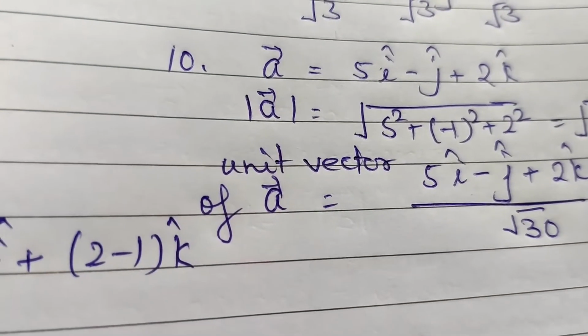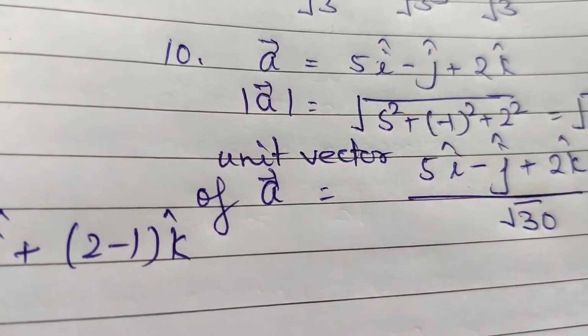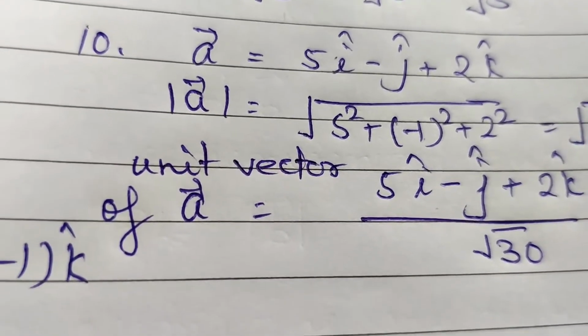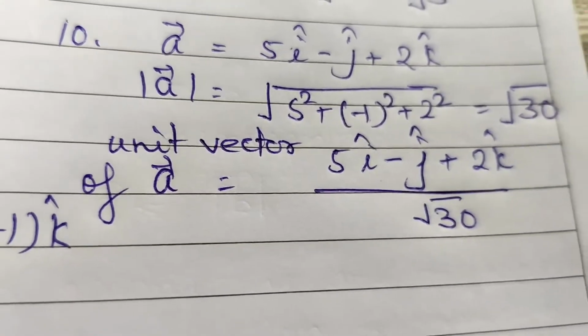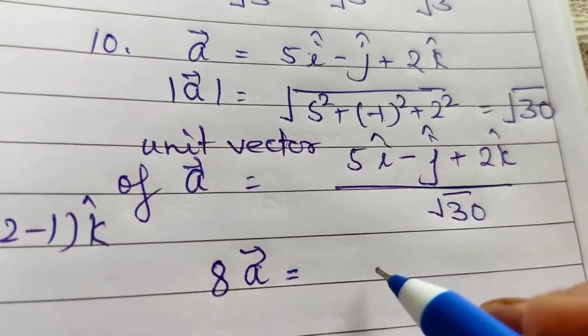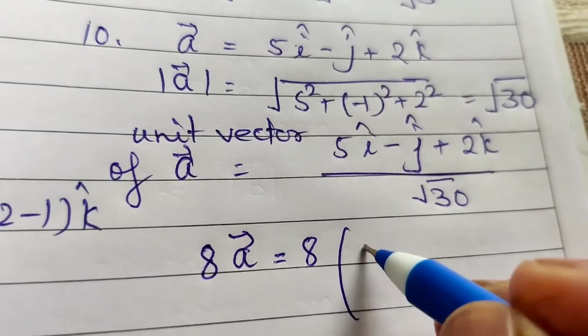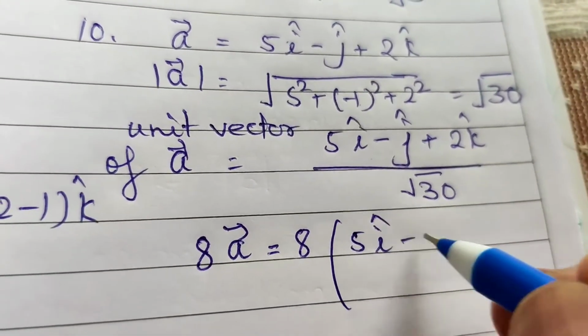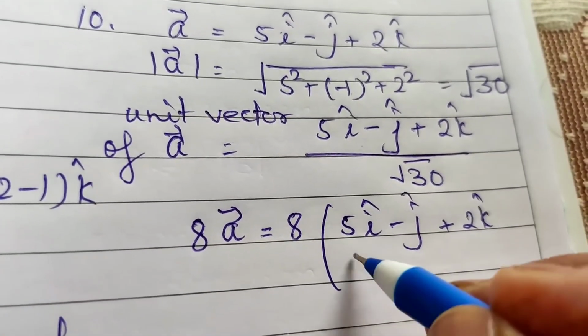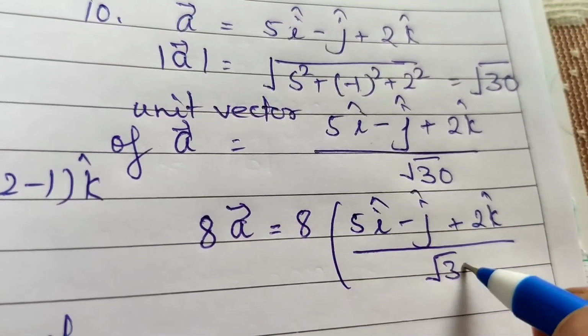Now the vector in the direction of 5i minus j plus 2k, whose magnitude is 8. So therefore we have to multiply 8 with this unit vector. So it means 8 into 5i minus j plus 2k over root 30.